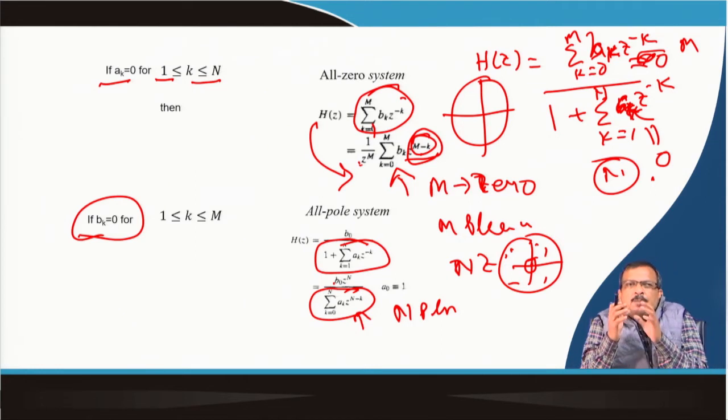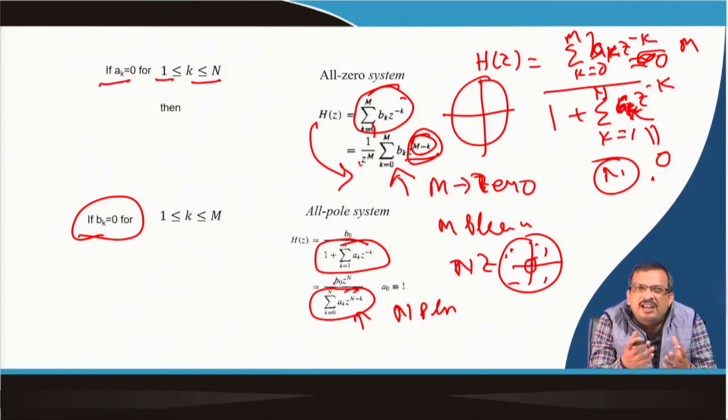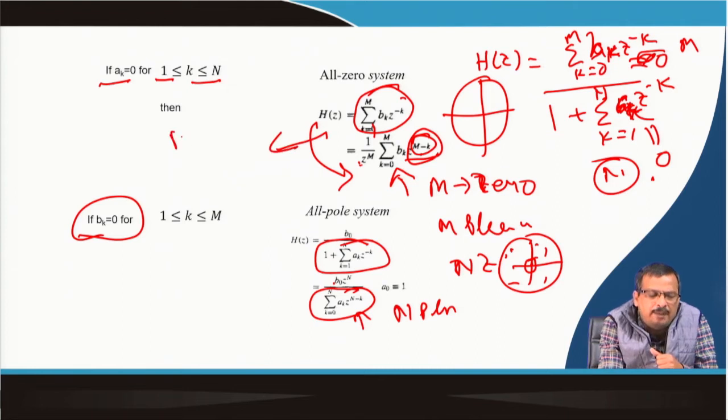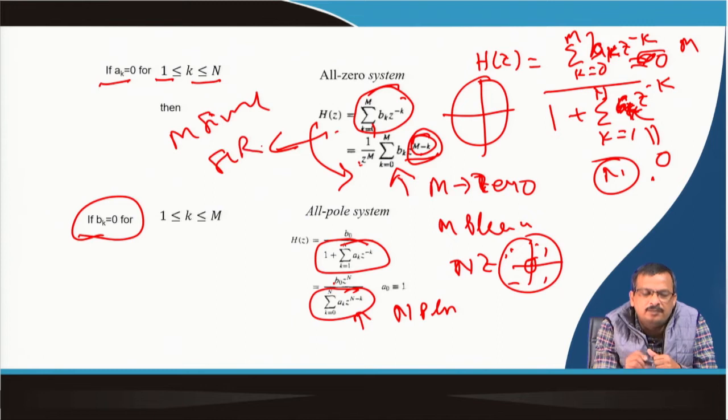So, when we discuss the implementation of an LTI system, it will be either an all-pole system or an all-zero system. When it is an all-zero system, I can say if M is finite, then it is nothing but an FIR system.